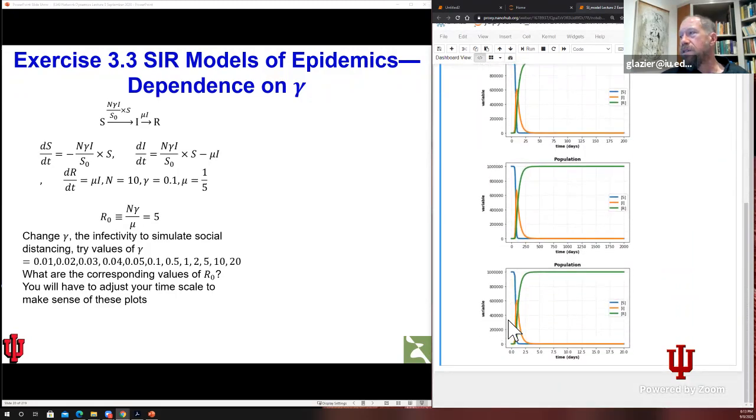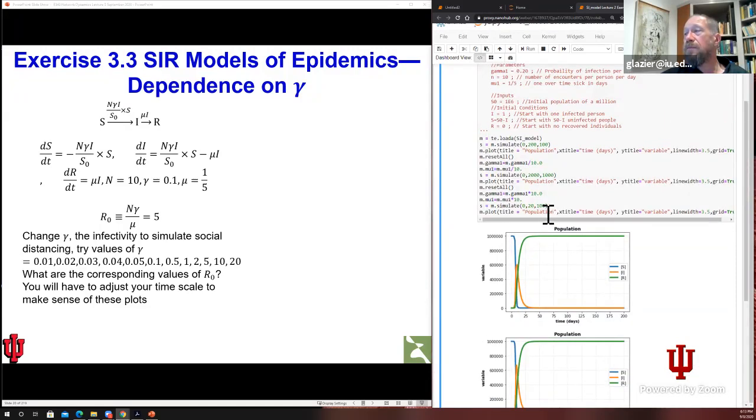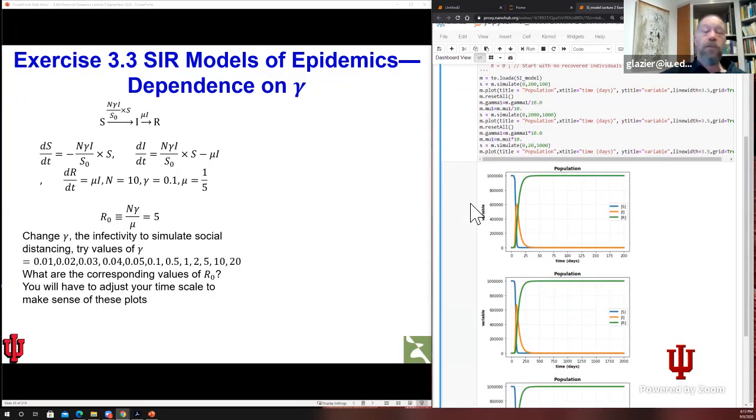One thing you may face if you have things that happen very quickly: if you look at this curve here on the bottom, you see how jaggedy it's getting. That's because my time step is too big. And so that means you have to add some extra points to your simulation. So I'll give everybody a couple of minutes to play with that.